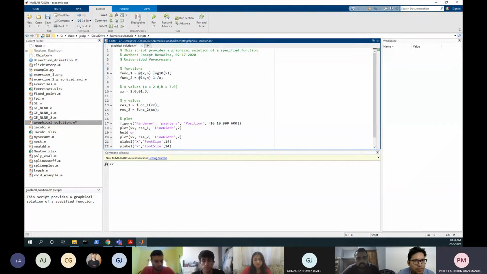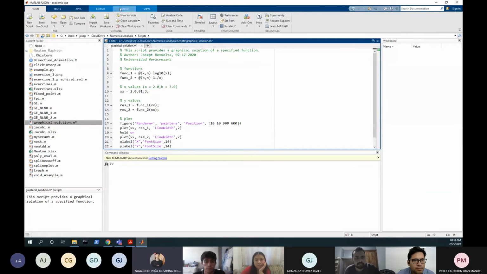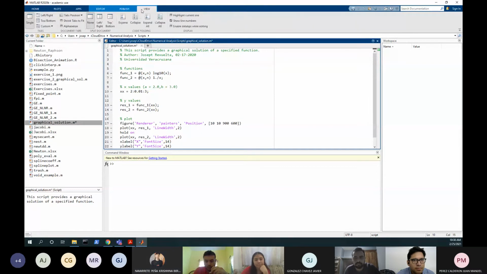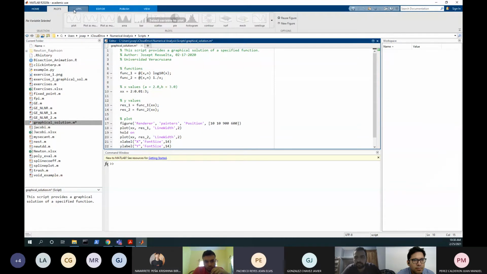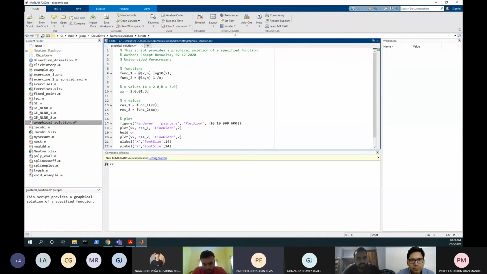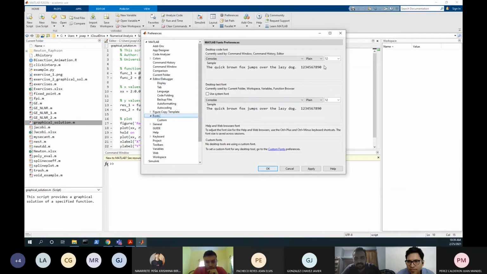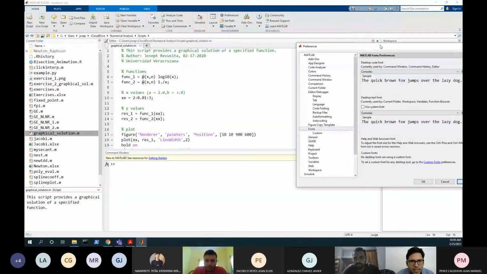Okay, I'm going to increase it a little bit. Students suggest zooming in, but it gets pixelated. Okay, don't worry. It's okay. I'm just going to change this. We don't want to make a big deal of this. I just use 14. So what about now? Can you see it better?